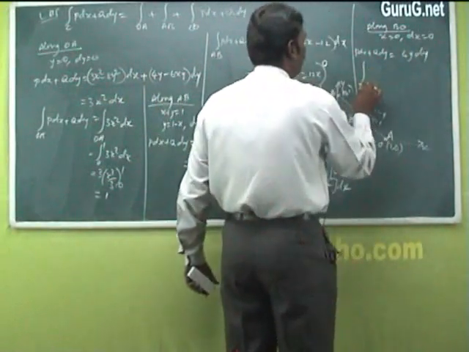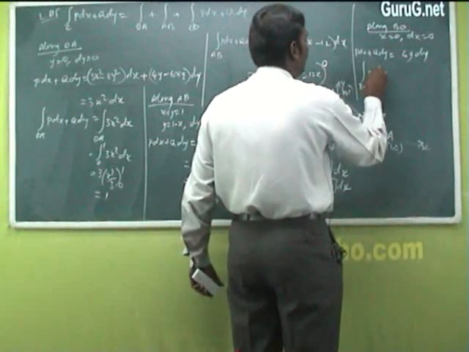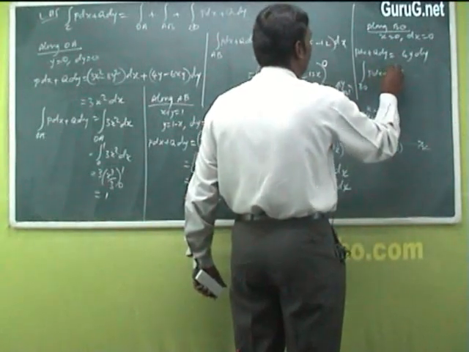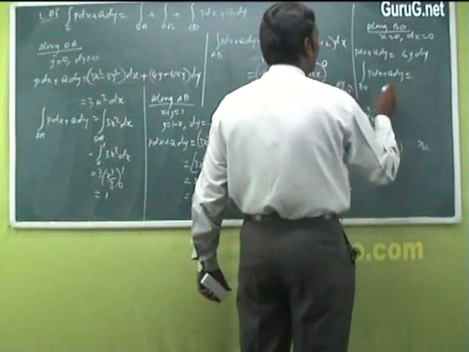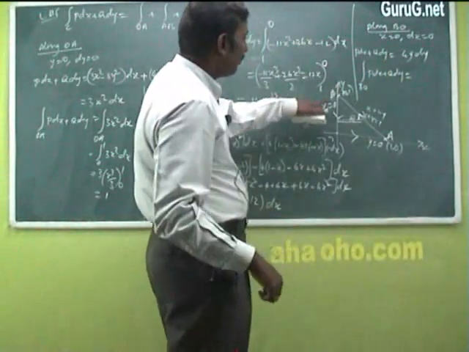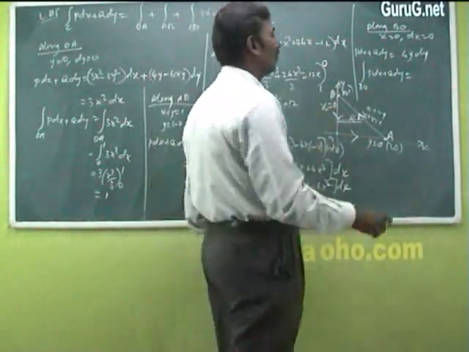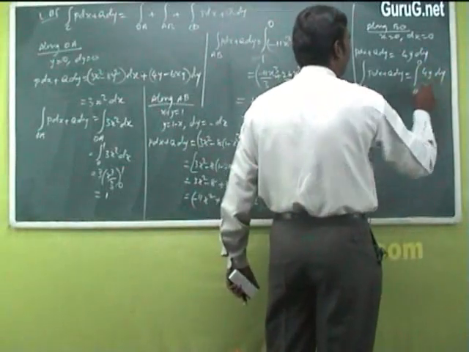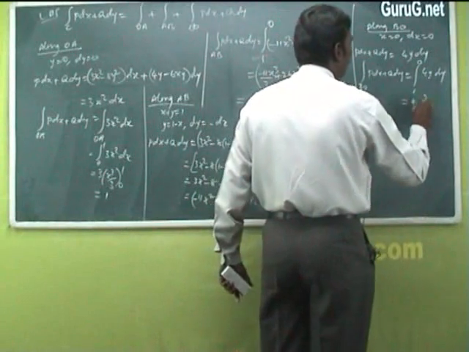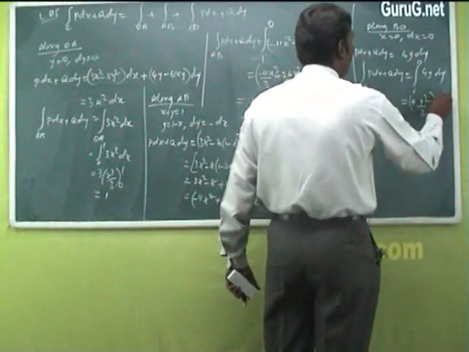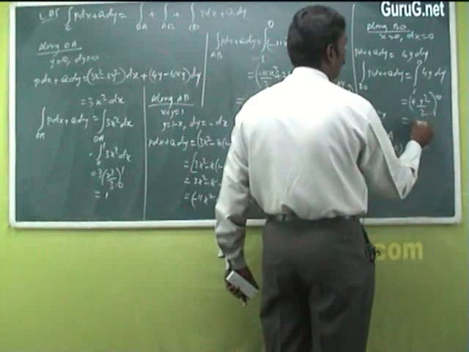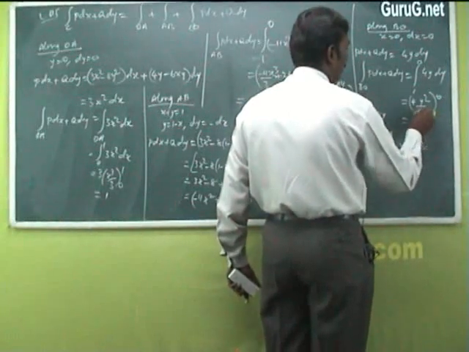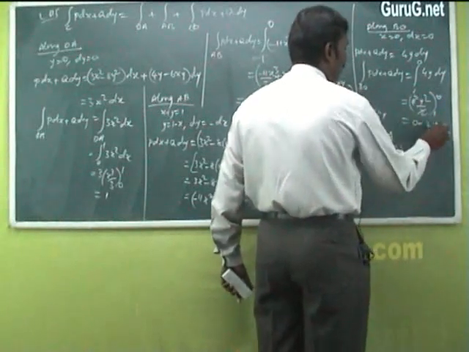So integral over BO P dx plus Q dy equal to, integrating along BO, the y varies from 1 to 0. So 1 to 0, 4y dy. So 4y squared by 2, 1 to 0, so minus 2. Upper limit 0 and lower limit 2, so minus 2.